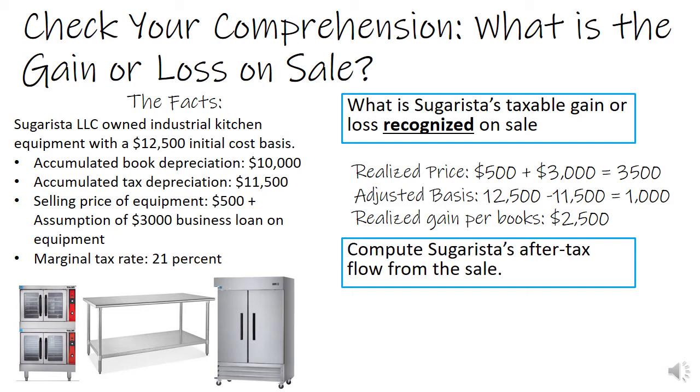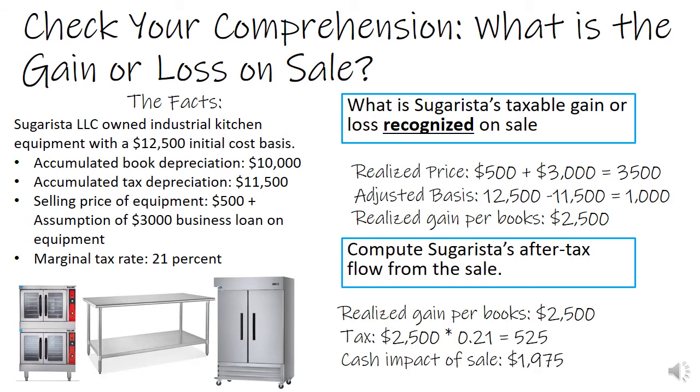Now let's look at what that means tax-wise. For corporations, gains are included as regular income. There's not a special capital gains treatment like there is for individuals. So the realized gain is $2,500.